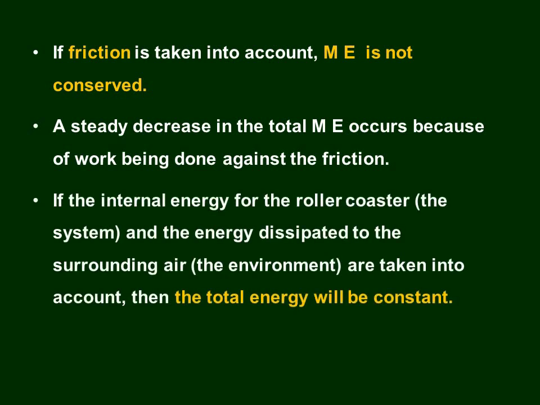Here, the total energy will be constant, will be conserved. The total energy, I mean here, the mechanical, the internal energy, and so on. So the internal energy for the roller coaster system, and the energy dissipated to the surrounding air, the environment, are taken into account, so the total energy will be constant or conserved.